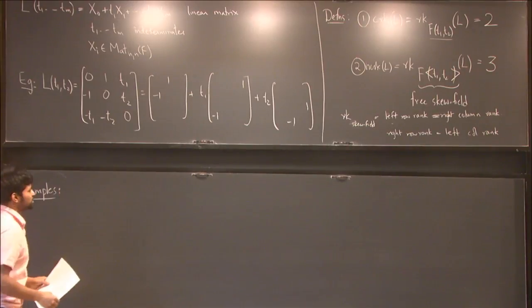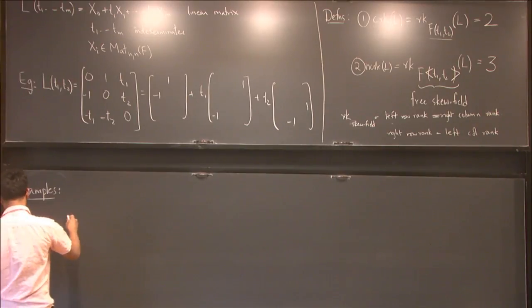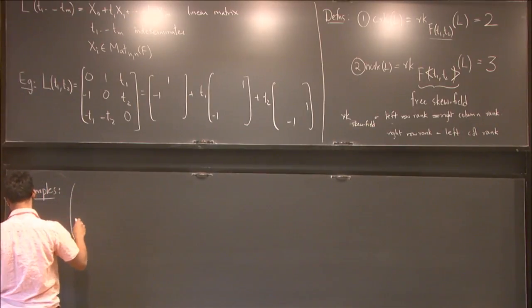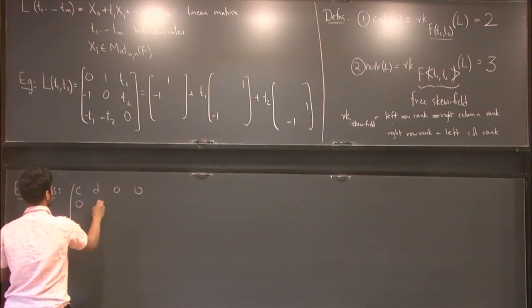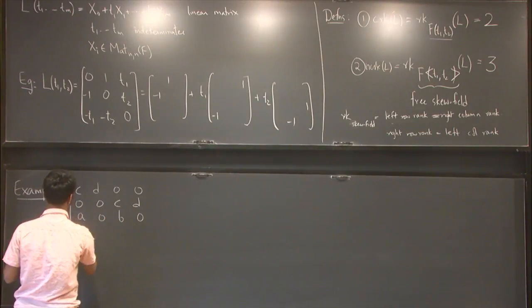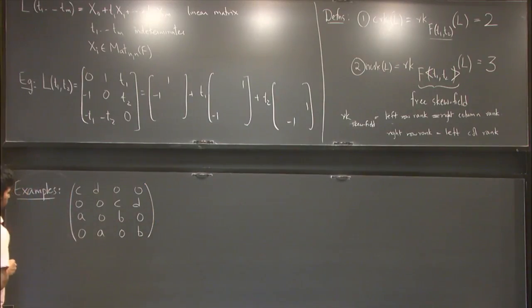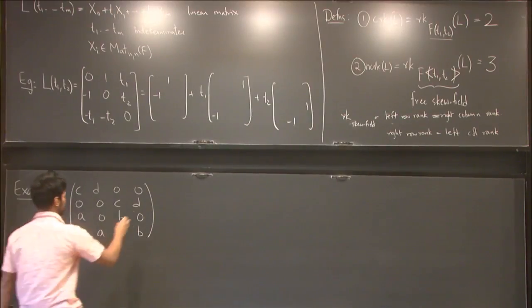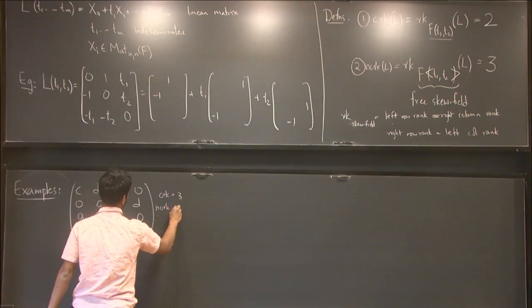I'm going to use A, B, C, D for the variables instead of T1, T2, T3, T4, because it gets easier. So here is one example, C, D, 0, 0. That's a linear matrix, and its commutative rank is 3, and its non-commutative rank is 4.